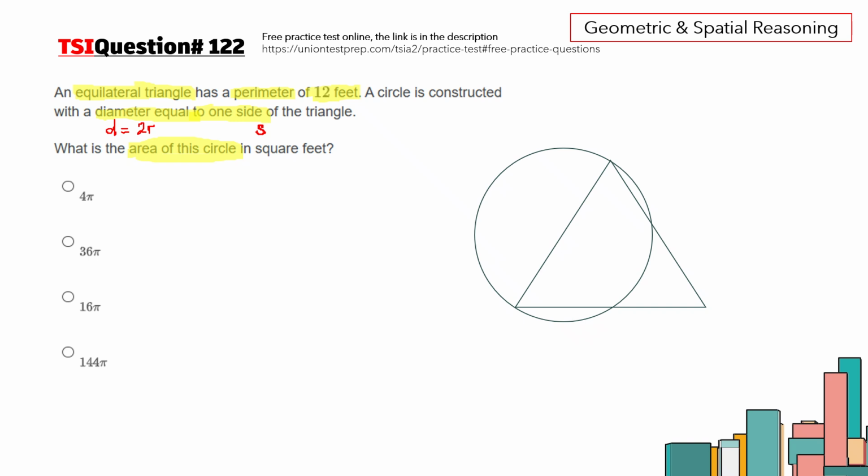And we see the circle is constructed. This is the center, so the whole length right here, D, is equal to S, and this one is R, the radius.